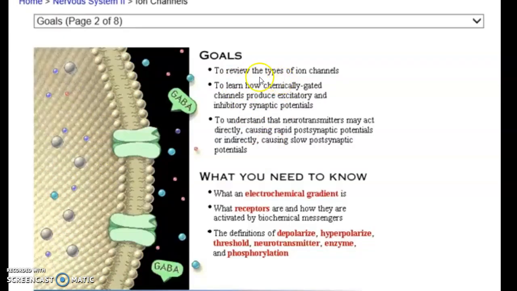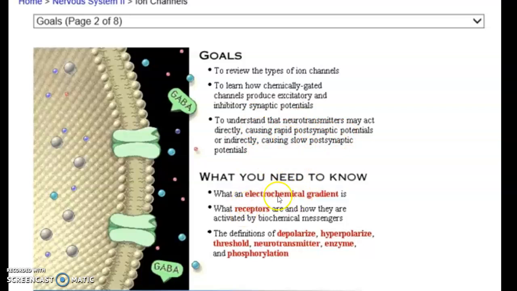Okay, we'll quickly go back over the types of ion channels and where they are found. But what we want to do is start relating the types of channels to whether it's an excitatory situation or inhibitory situation, and then talk about the difference between rapid postsynaptic potentials and slow postsynaptic potentials.